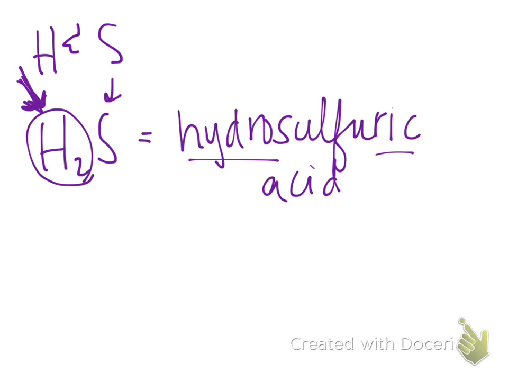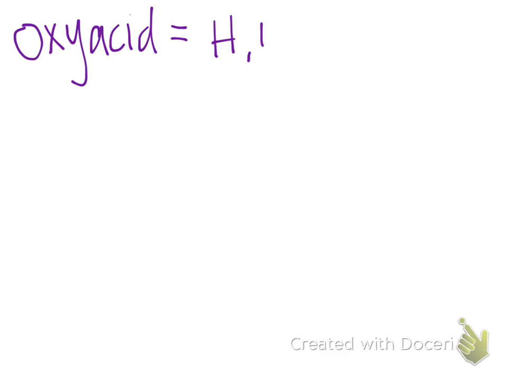Okay, the other type of acid that we could deal with is called an oxy acid. What do you think has to be contained in an oxy acid? Oxygen, right? It has to have hydrogen, oxygen, and one other element.